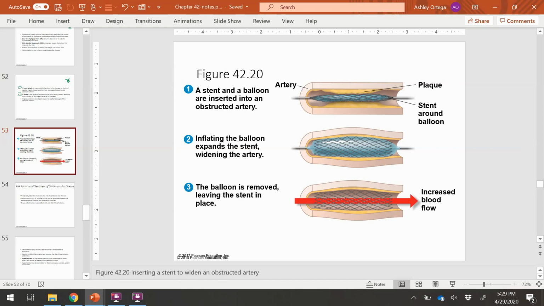By putting the stent in when it's closed, around the balloon, inflating the balloon, opening up the stent, it will then stay open and it's not going to fold back into place. It's going to stay in that area, and leaving that stent in place will keep blood flow going through that blood vessel.